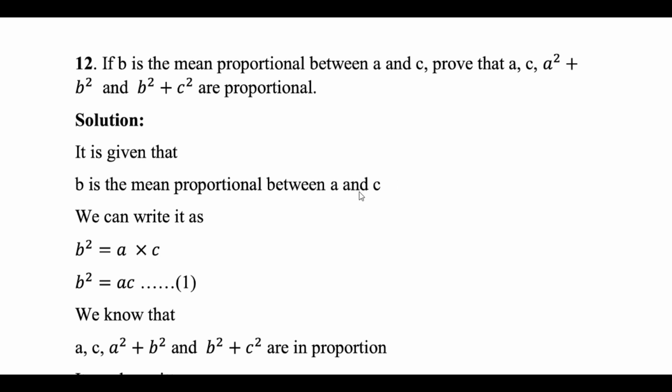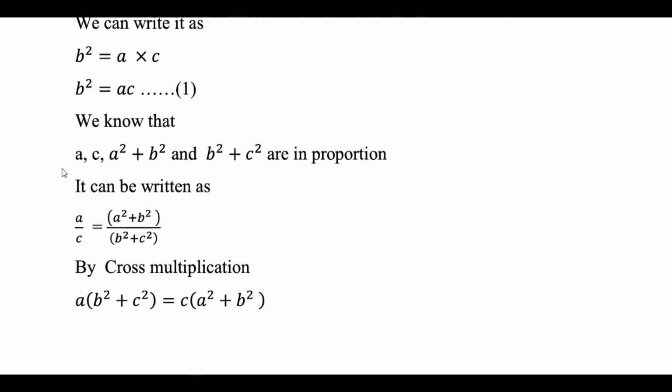Put it as equation number 1. We know that A, C, A square plus B square and B square plus C square are in proportion. So we can write A by C is equal to (A square plus B square) by (B square plus C square).